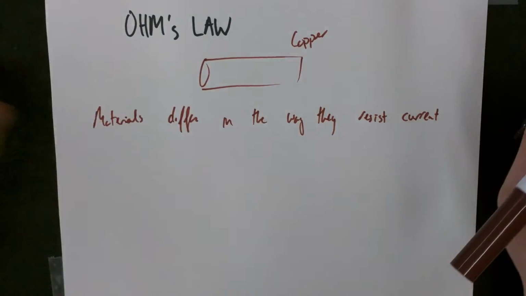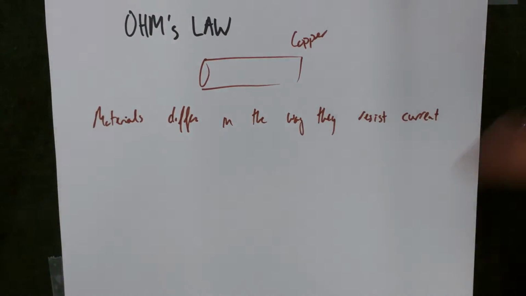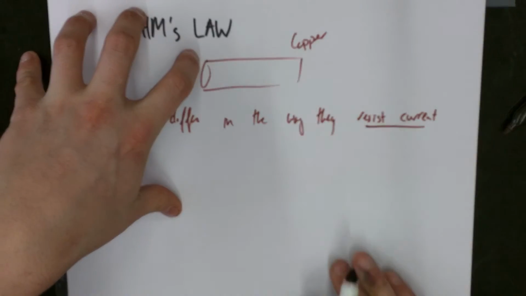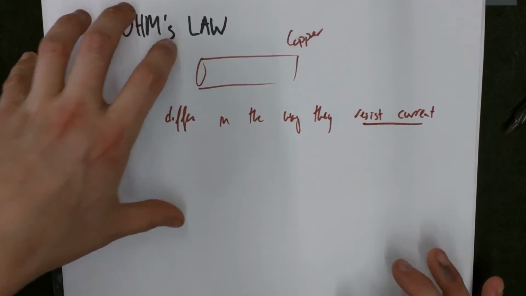If instead I take out this copper wire and I have a sheet of glass, then they will both differ in the way that they resist current moving through them.